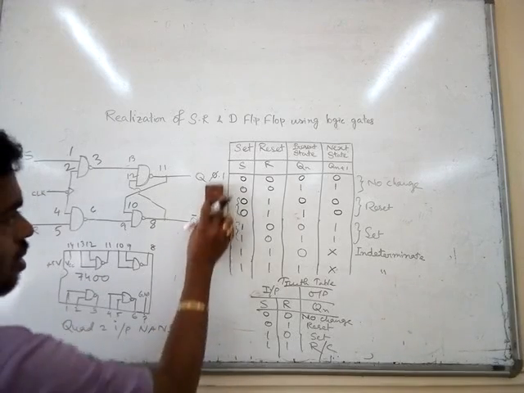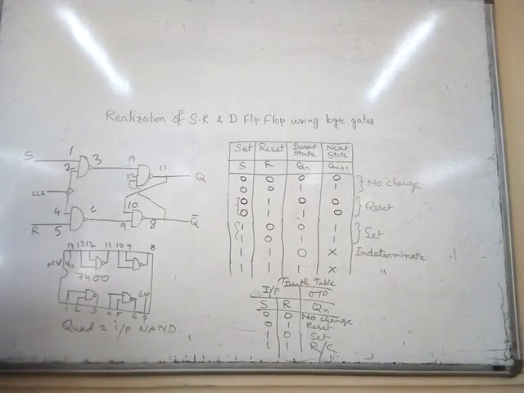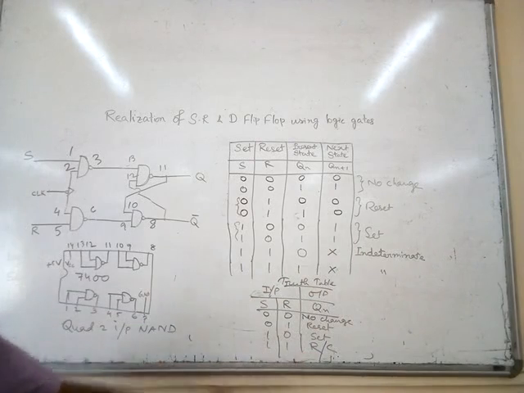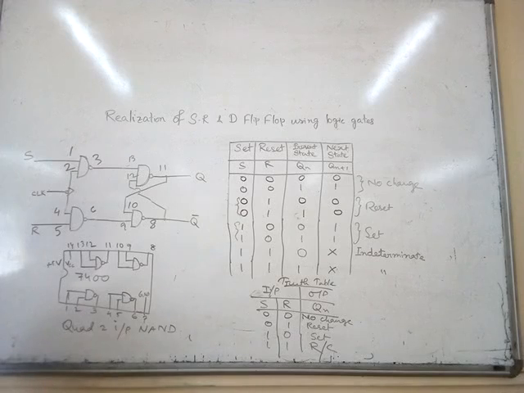So we get the Q output from 11 and Q bar from 8. So it is the SR flip-flop. Now to overcome this race condition, we can design D flip-flop now.